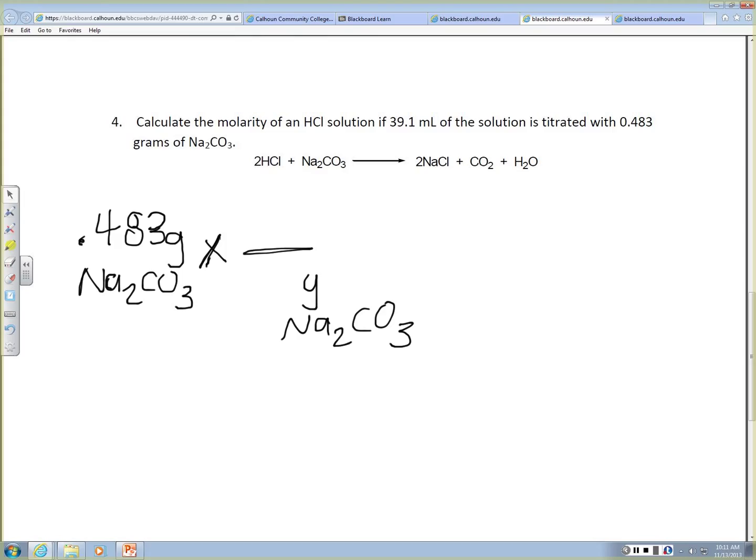We have sodium carbonate. Did anybody add up the formula weight? It's about 106.0. It's always out of 1 mole.